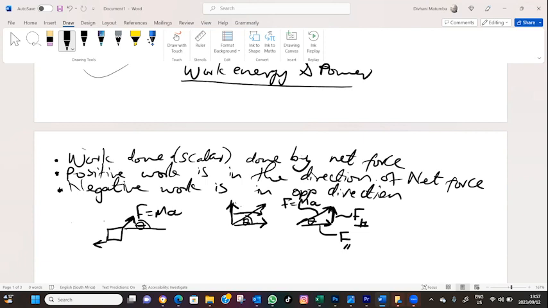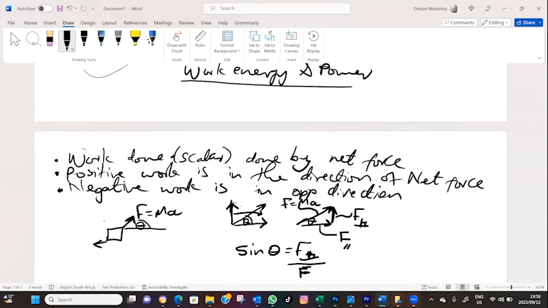Now, this is what we know about the hypotenuse. We know that sine of theta, which is opposite divided by the hypotenuse, is given by F perpendicular divided by your F applied.